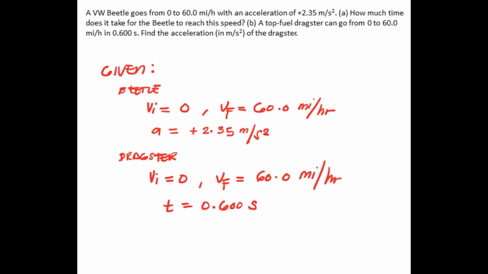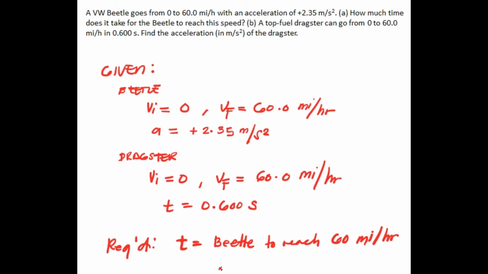So what are the required? First, we are required to get the time for the Beetle to reach this speed. So we are being asked to find the time. Let t be the time for the Beetle to reach 60 miles per hour.